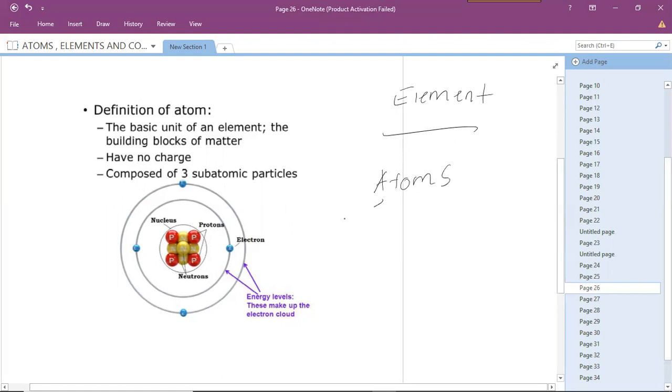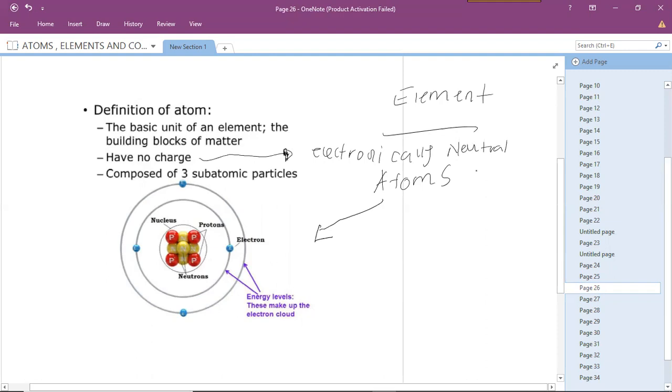So this right here is an atom. And remember, like I said, atoms have no charge. What do we mean by atoms have no charge? They are electrically neutral. But just because they have no charge doesn't mean they are stable.